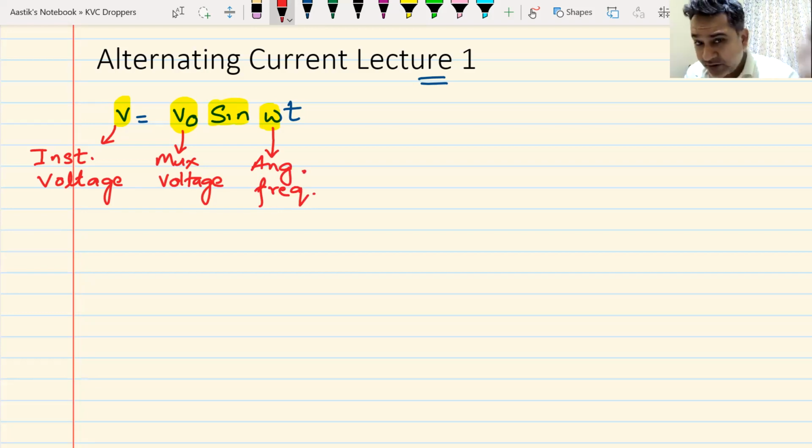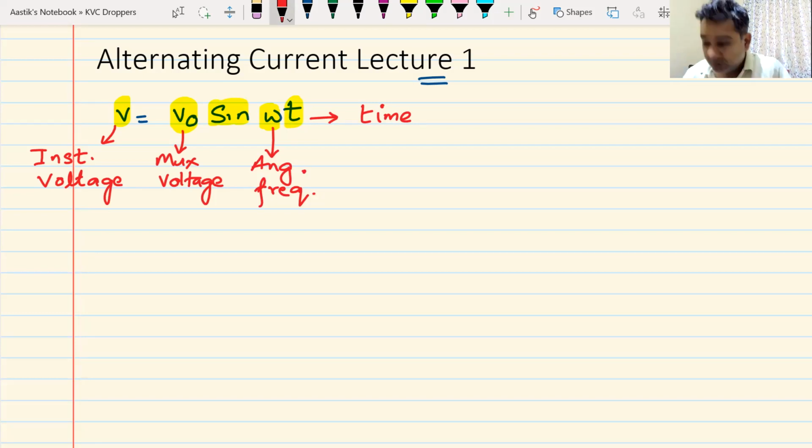What does this t stand for? Not time period. Small t stands for the time, in seconds normally. Omega, angular frequency, is in hertz. t is in seconds. Do we remember this?